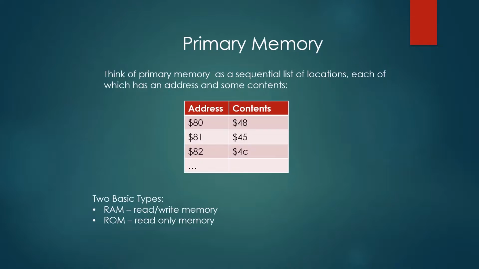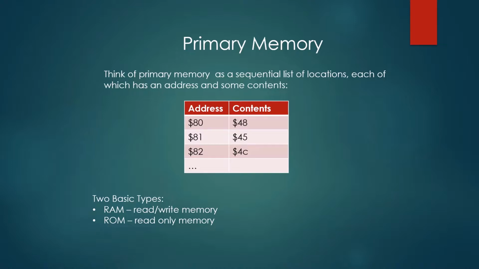Think of primary memory as a sequential list of locations, each of which has an address and some contents. In the list below, you'll see that address $80 contains the value $48.